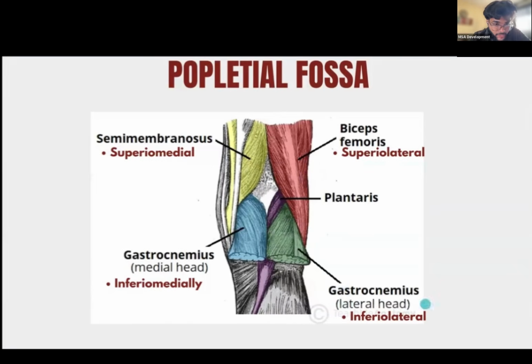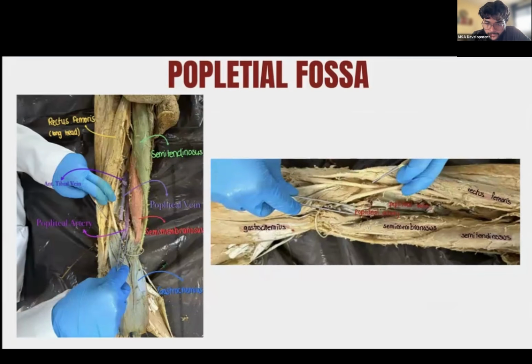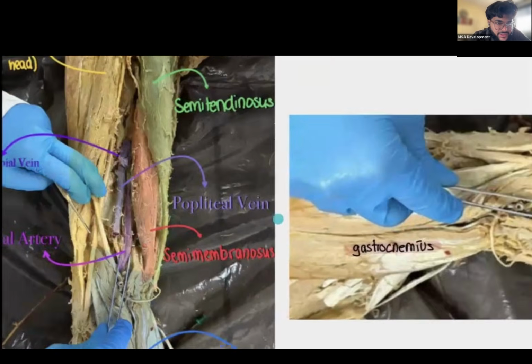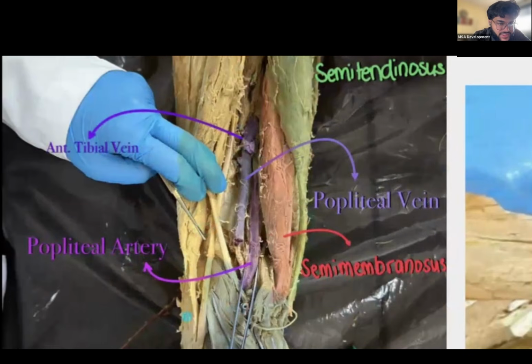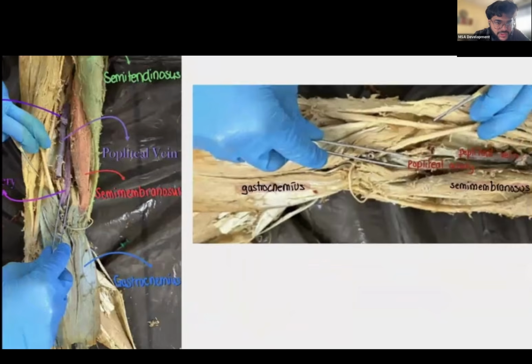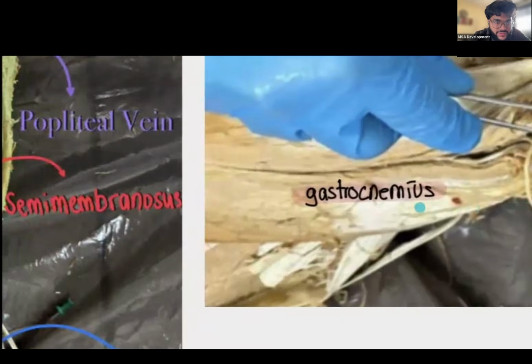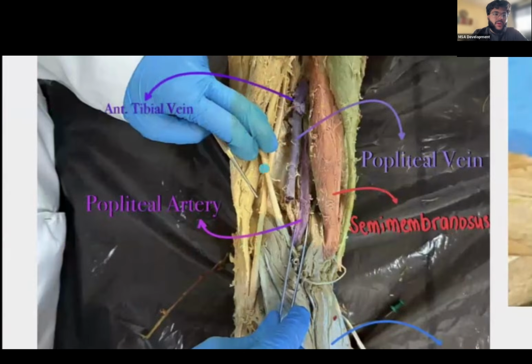The popliteal fossa basically contains nerves and arteries. I'll be talking about these three in a bit in the next slide. Here I'll show you the wet lab image.